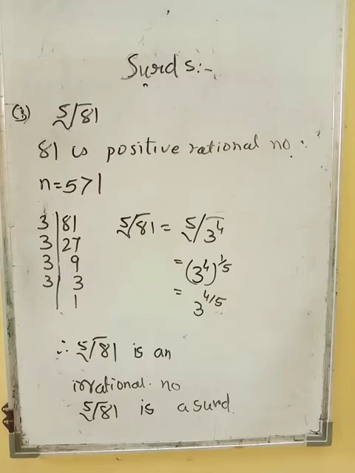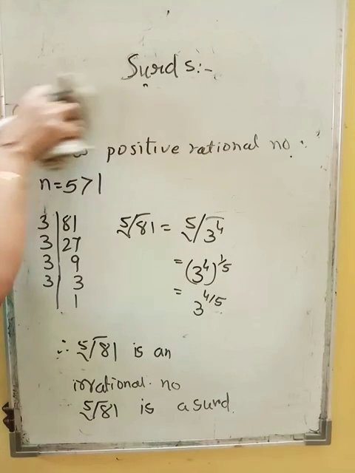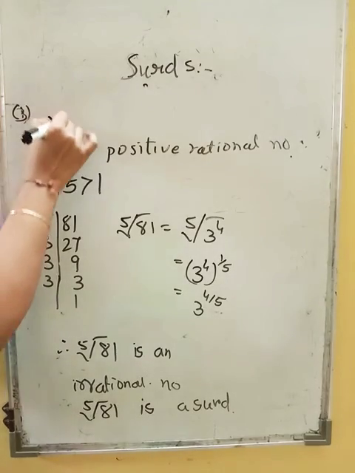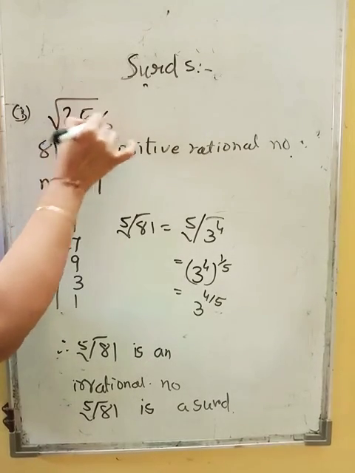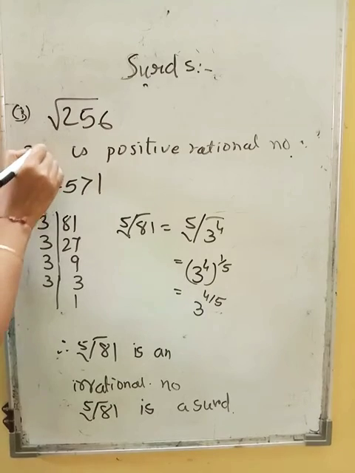Now we move on to the fourth question. Fourth question is about square root of 256. So square root of 256. So what you will write down first?